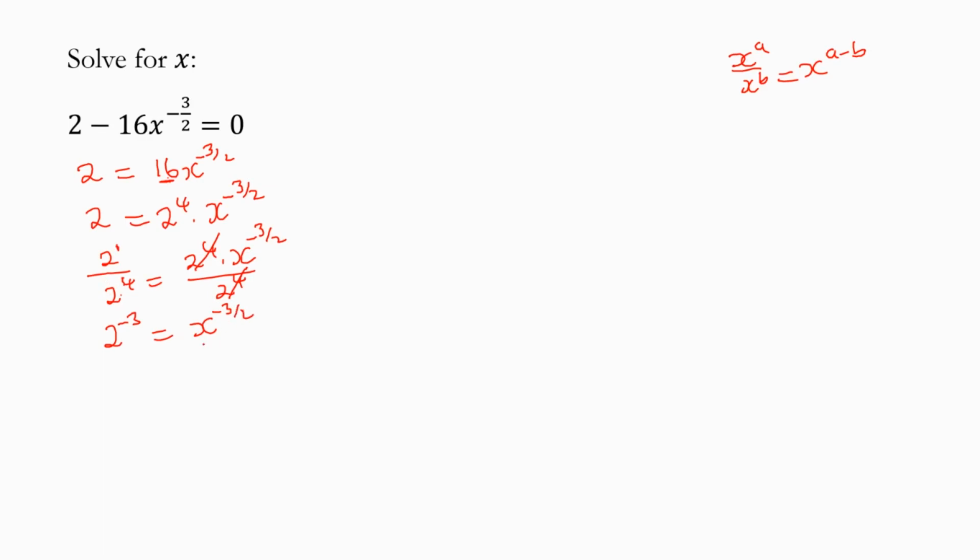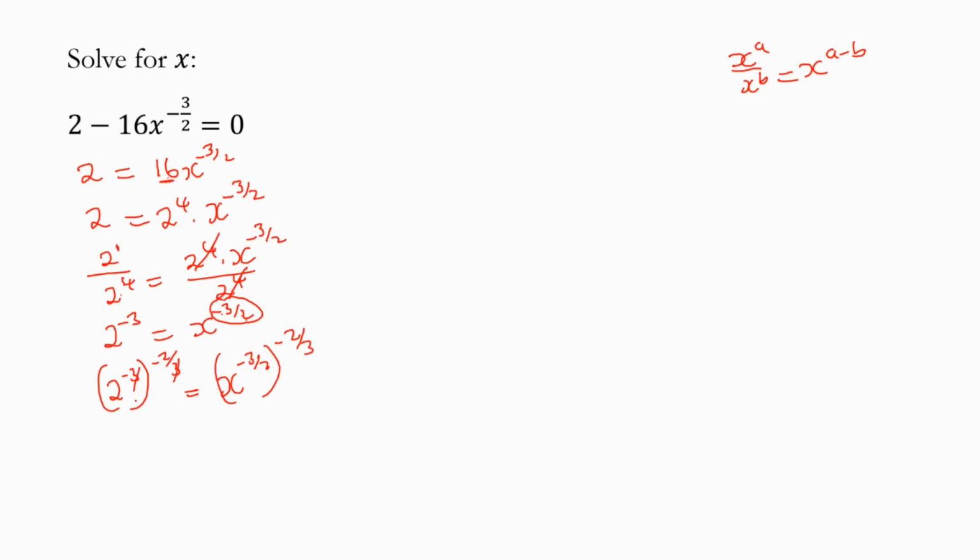Then we raise these powers to the power of the multiplicative inverse of negative 3 over 2. So it's 2 to the power negative 3 to the power negative 2 over 3. Take note of that. Negative 2 over 3 is equal to x to the power negative 3 over 2 raised to the same power negative 2 over 3. See that?